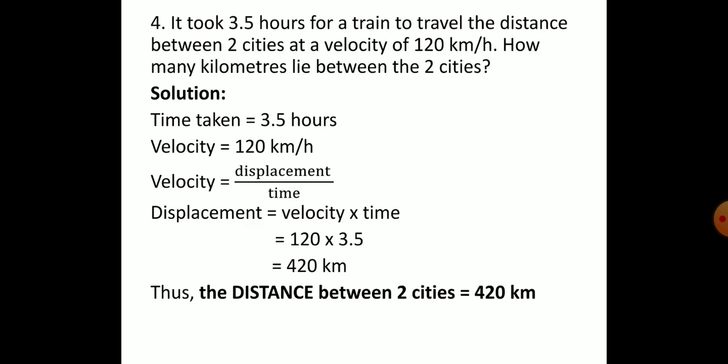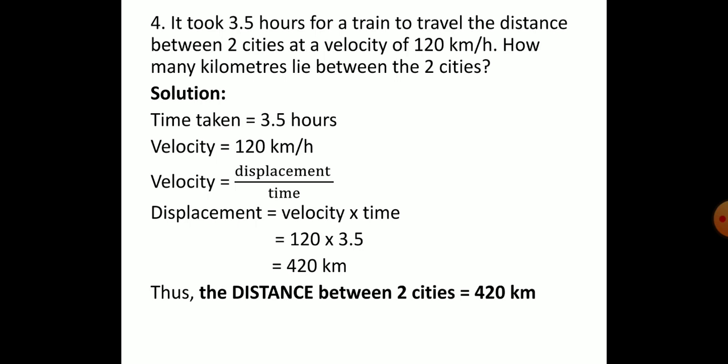Now it took 3.5 hours for a train to travel the distance between two cities at a velocity of 120 km per hour. Now you have to find the distance between the two cities. Okay.